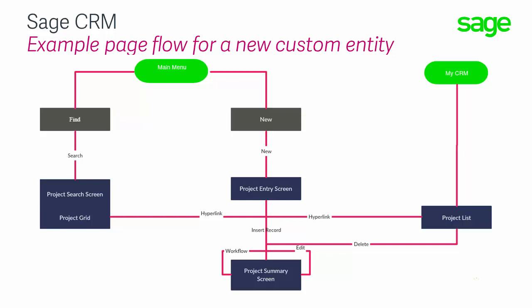So this is the idea of page flow. Things will hang from the main menu, there'll be a find, there'll be a new, and if we're going into a new, what does a new screen consist of? You'll have an entry screen. You'll maybe even have, from an entry screen, once it's been saved, a summary screen.